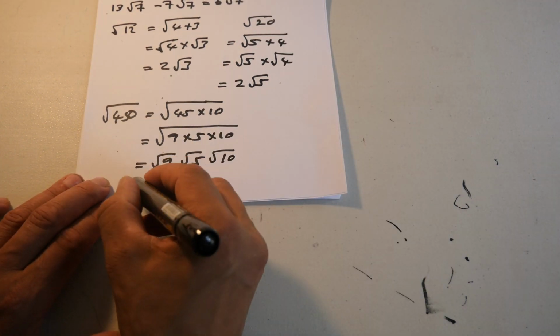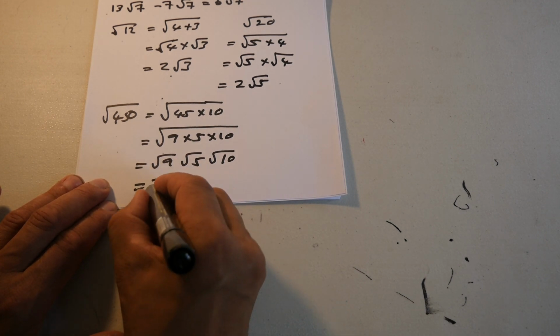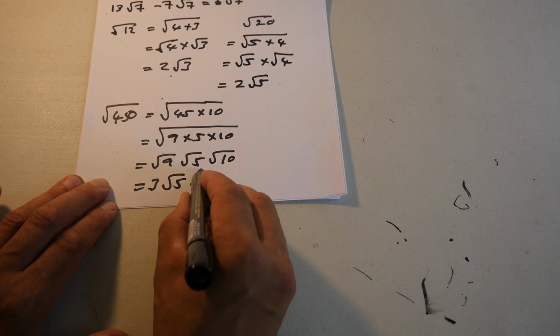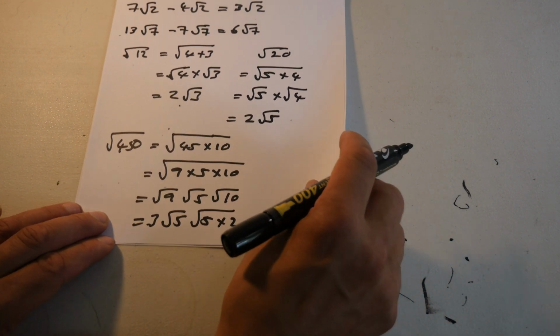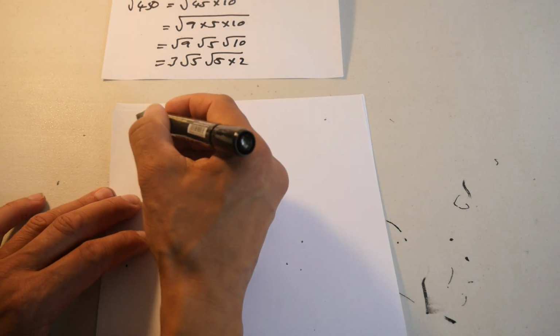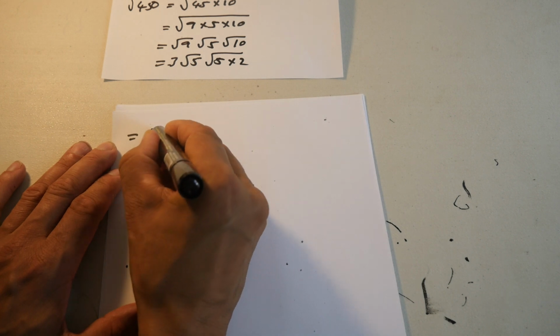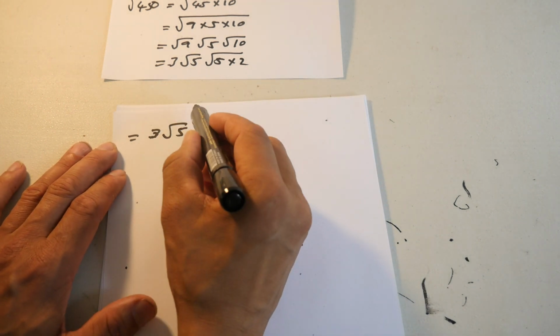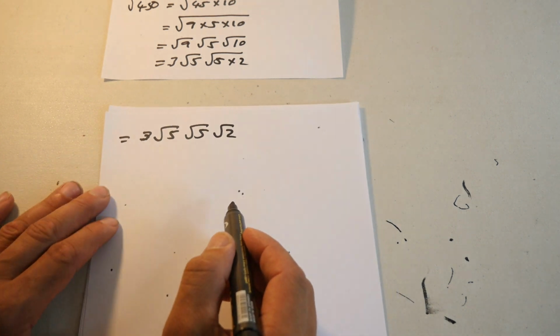Well, the square root of 9 is 3 times the square root of 5, but 10 can be written as 5 times 2, okay. So 3 times the square root of 5 times the square root of 5 times the square root of 2, okay.